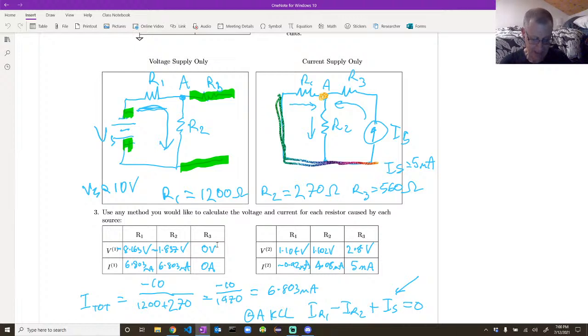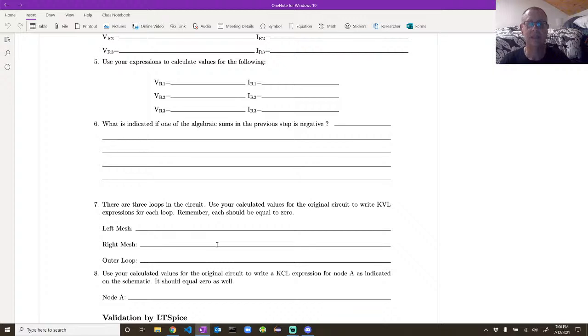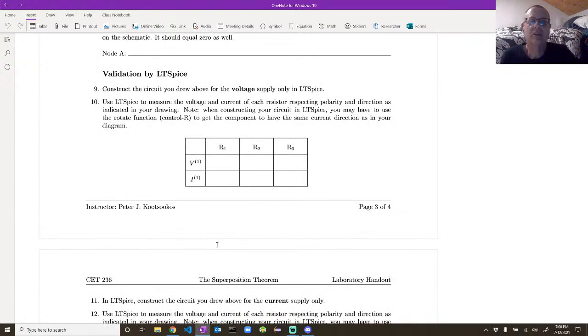Okay. And then it's just a matter of ploughing ahead with all of that because the rest of the lab is basically asking you to solve the full circuit using mesh analysis or nodal analysis. I think mesh analysis might be good. And then construct the circuit in LT-SPICE.